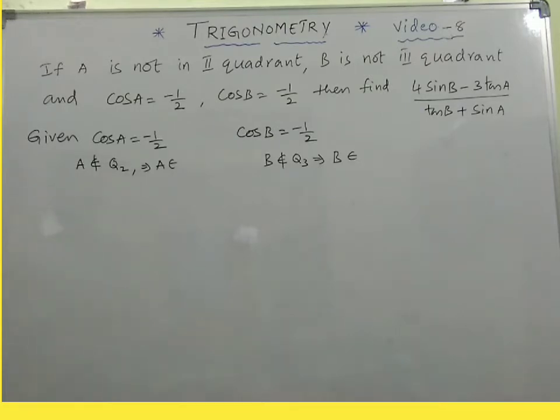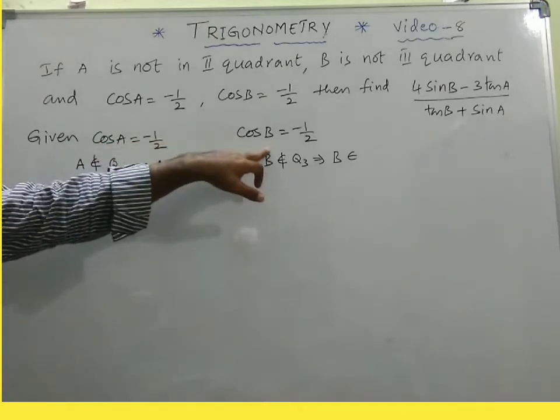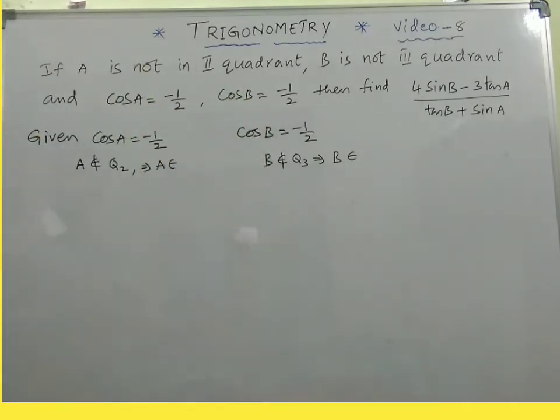Okay. So given that cos A is minus 1 by 2, cos B is also minus 1 by 2. Also given that capital A does not belong to the second quadrant. Generally, where is cos negative? In the first quadrant all are positive, and in the fourth quadrant cos is already positive.